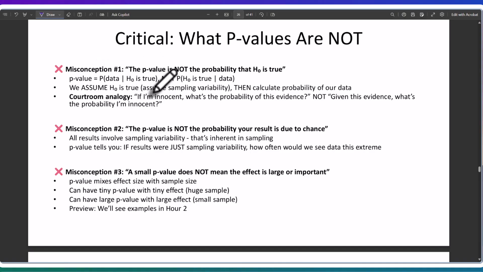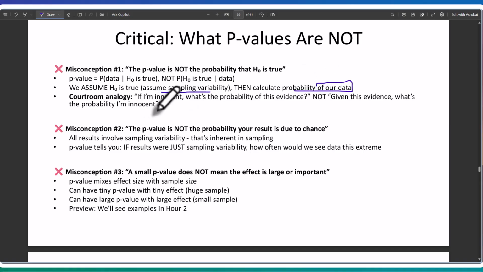All right, so what are some common misconceptions of a p-value? The first one is that the p-value is the probability that the null hypothesis is true. It's not. We are assuming that the null hypothesis is true, so you're assuming sampling variability, and then we calculate the probability of observing what we actually observed, right?